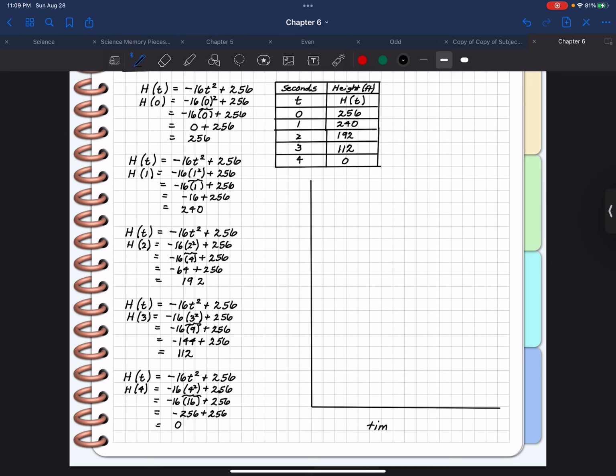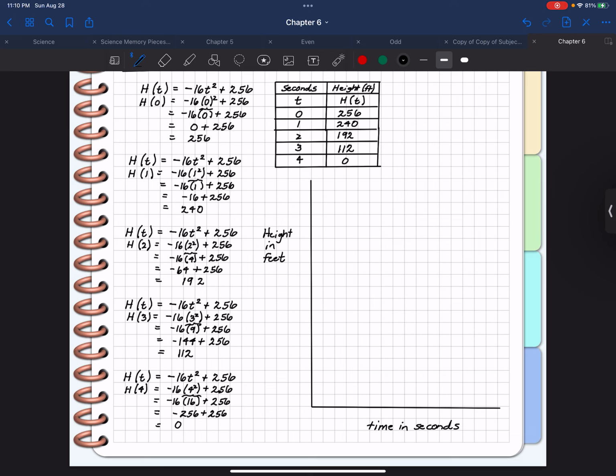Time in seconds. And then the height is the dependent variable. It depends on how many seconds have elapsed as to how many feet the object is.